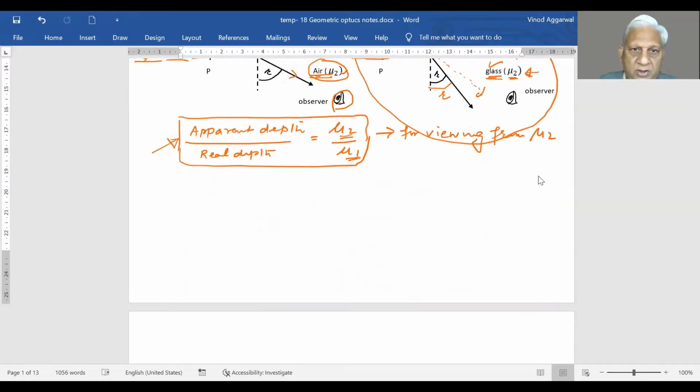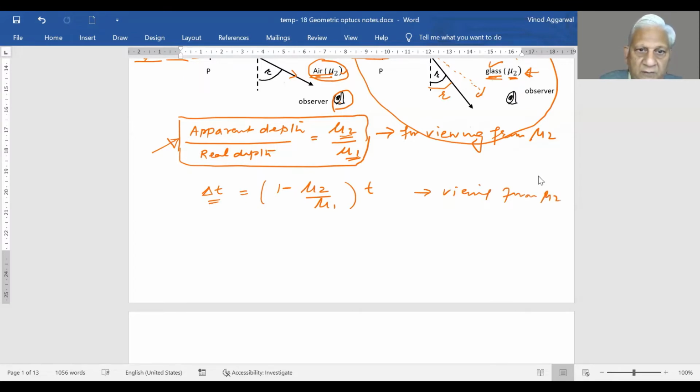Now using this formula, this immediately boils down to change in depth is equal to, again, mind it, you are viewing from μ2.